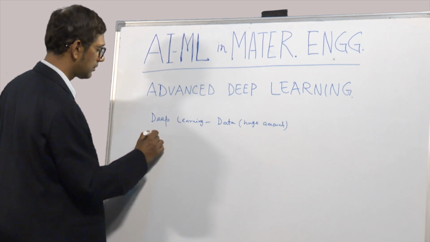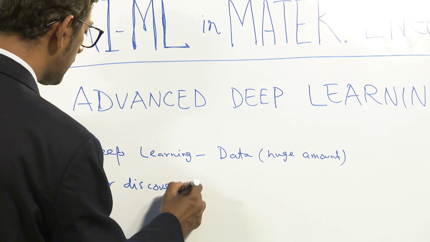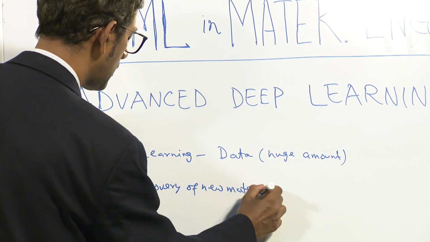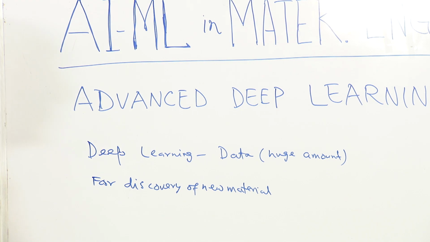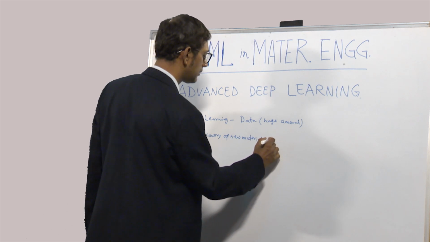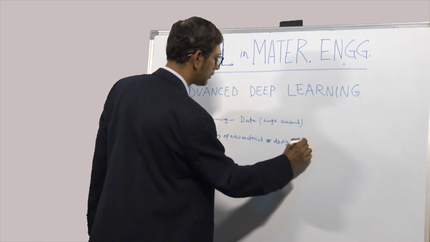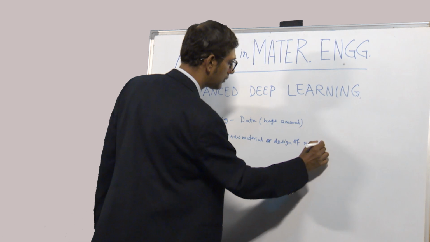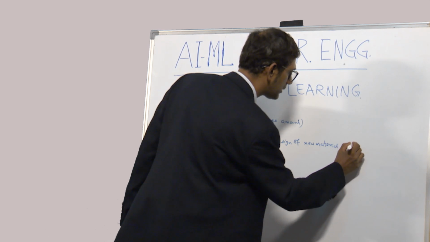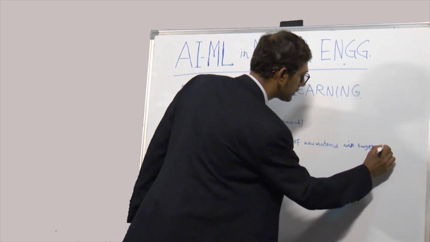And for discovery of new material, like if you want to build a ropeway to the moon from earth, what kind of material will you use, or design of new material with target properties which are distinctly different from those available in the world today, a target set of properties.